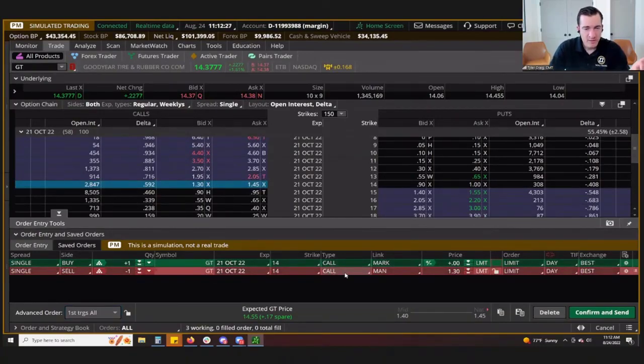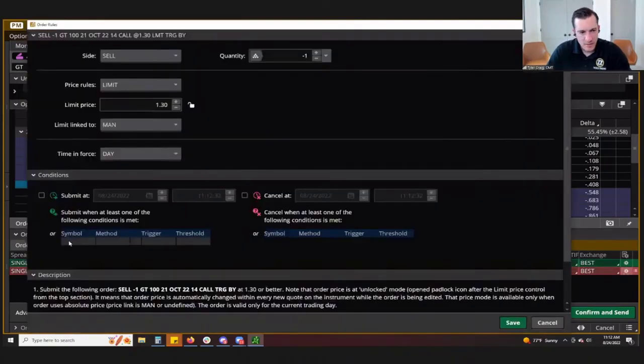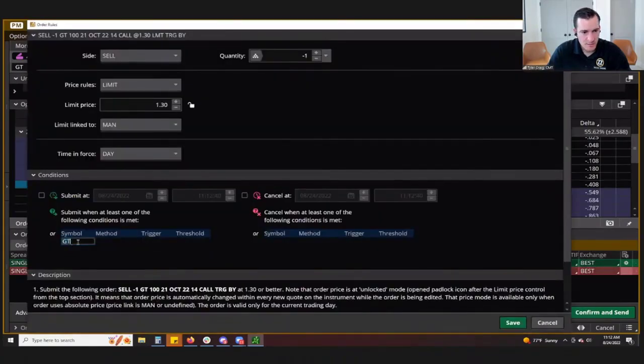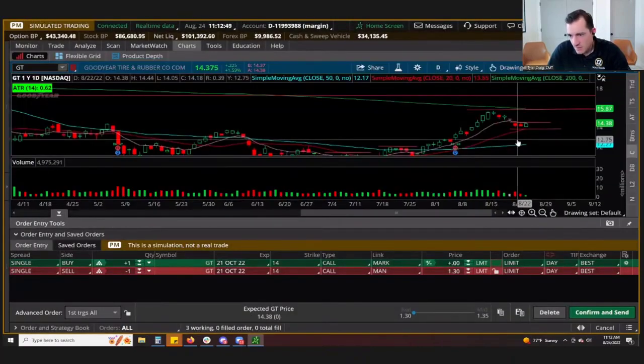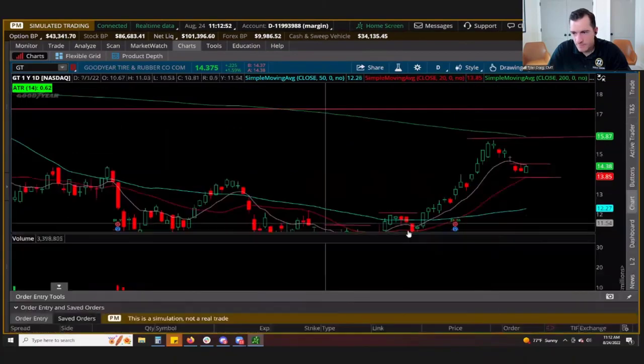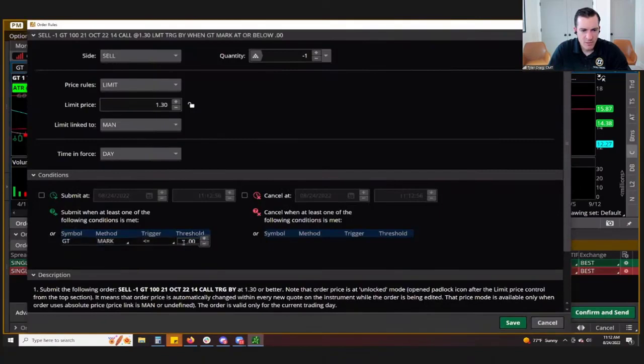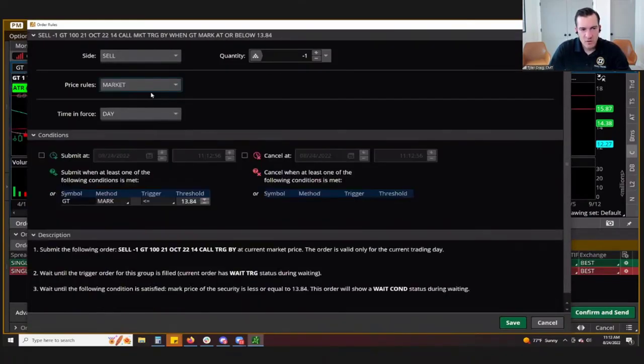Now, when do I want to sell it? Well, I want to sell it if we break the 20-day moving average. So again, I go to the cog wheel. I put in the condition: if GT gets at or below 13.85, let's call it 13.84, sell my call option at market.